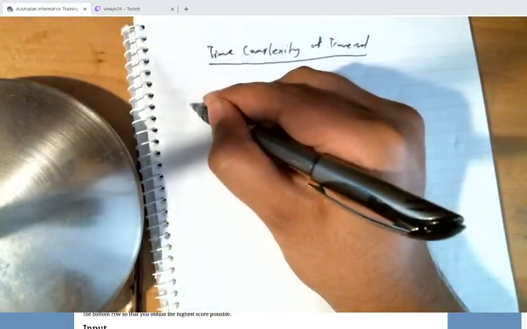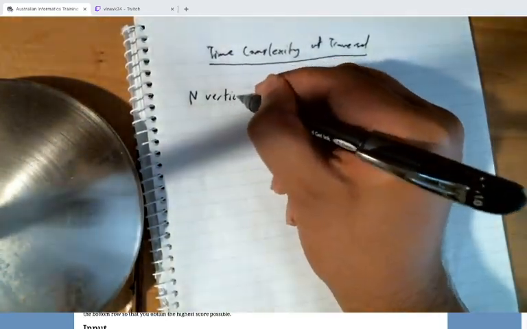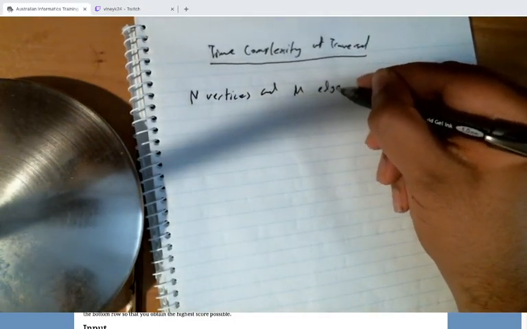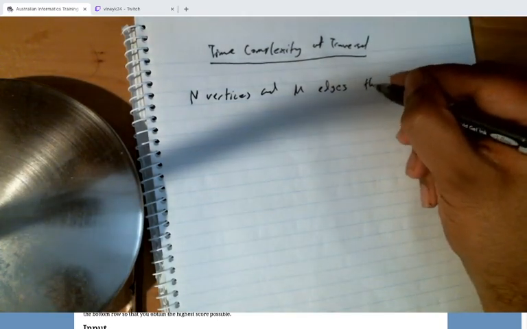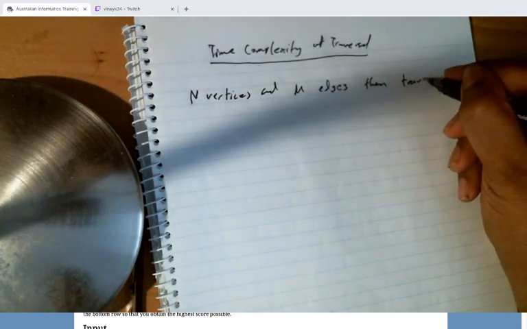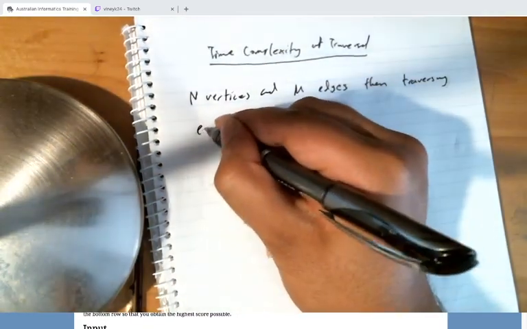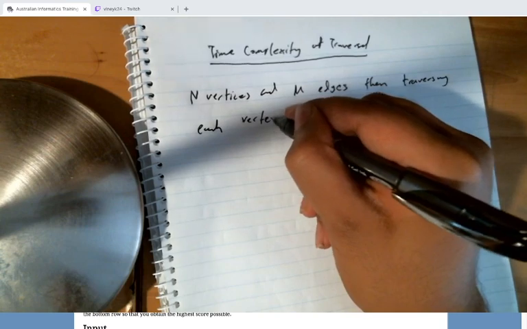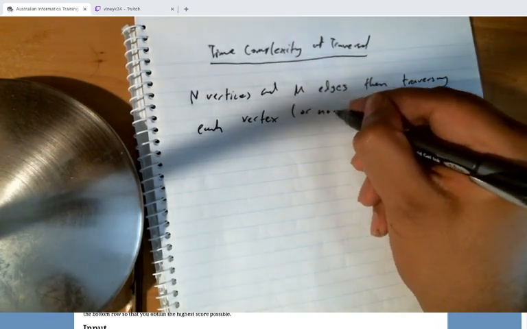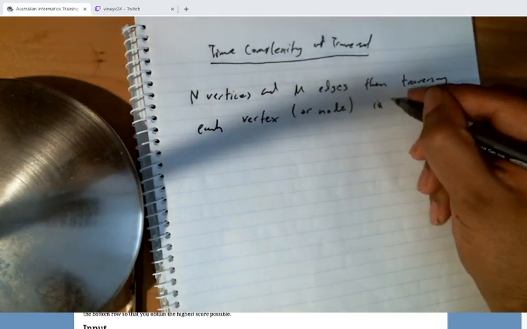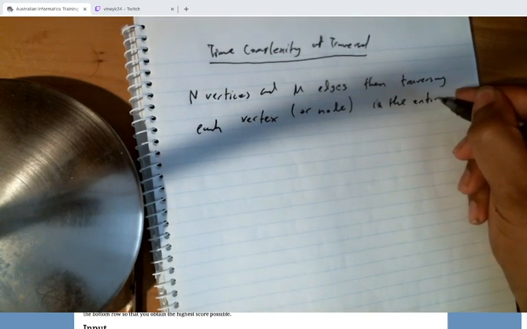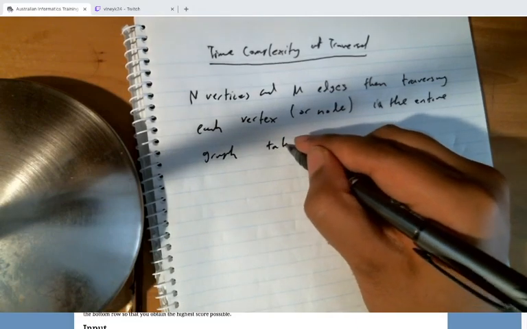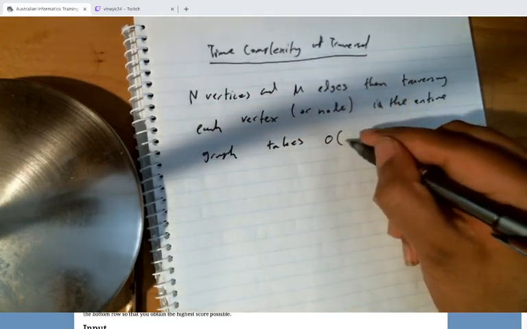If we have n vertices and m edges, then traversing each vertex or node in the entire graph takes O of n plus m time.